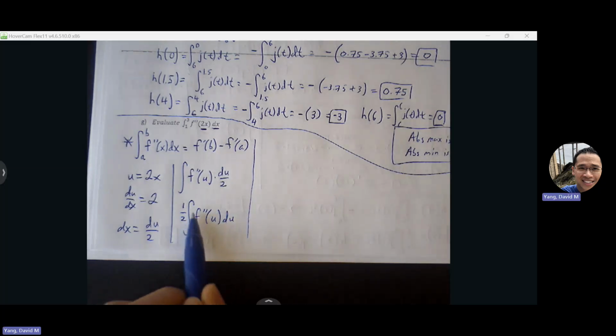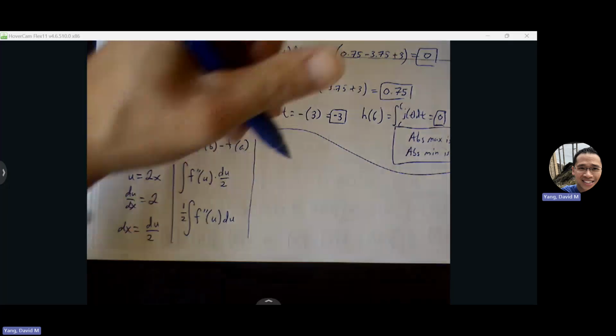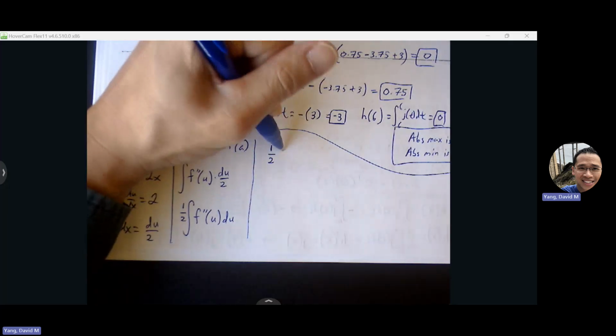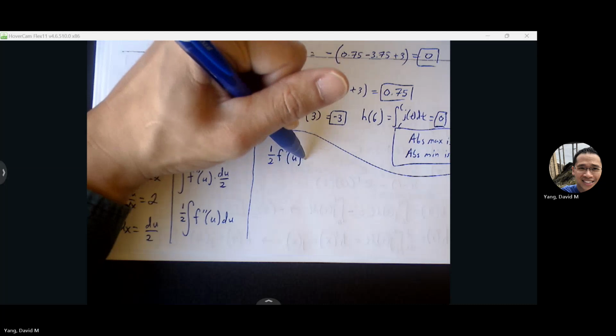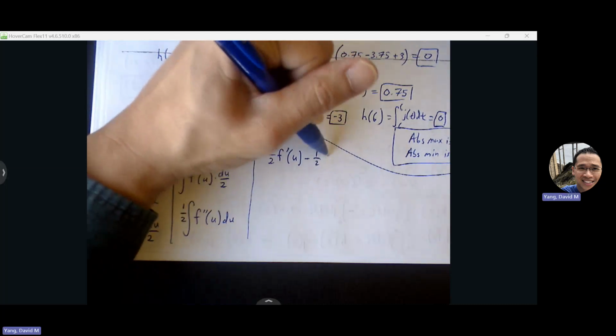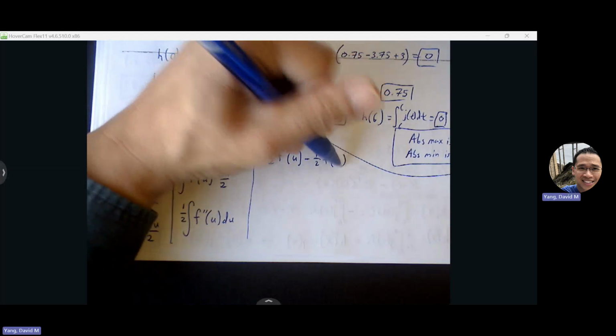So now that we have everything clean in terms of one variable, in terms of u, we can evaluate the integral. We know second derivative will rise up to f prime. The 1/2 will come along with it.